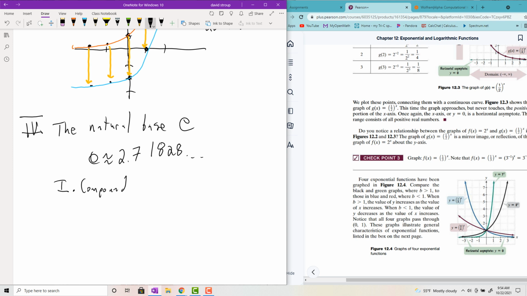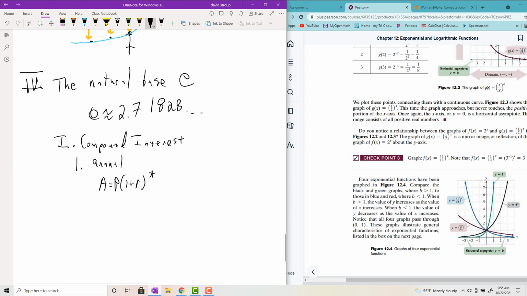So compound interest and interest, and there's formulas that will give you for these. The annual formula, which you may have seen in 095, is A equals P times 1 plus R to the T. Okay, so what does this tell you?